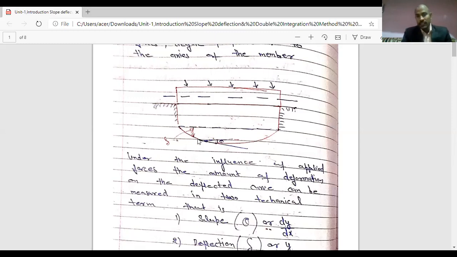This is a deflected curve. Measure deflection with respect to the end horizontal point of the beam. So this is deflection of a beam, right?